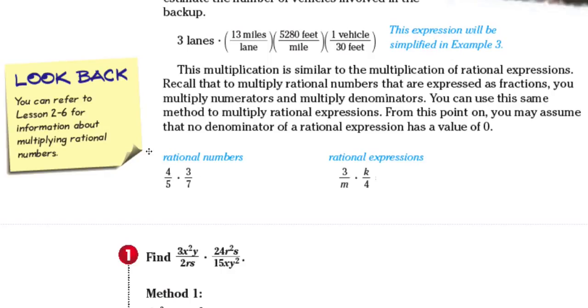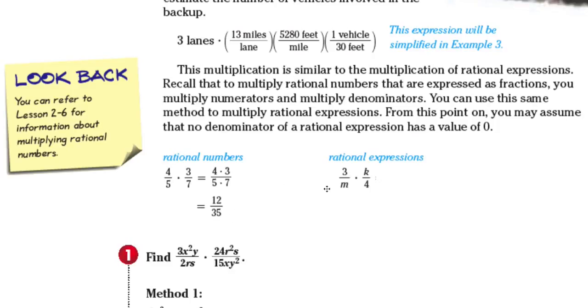Okay? So you have rational numbers such as 4 over 5 times 3 over 7. To solve 4 over 5 times 3 over 7, we simply multiply the numerators, we multiply the denominators, and we end up with a product of 12 over 35.